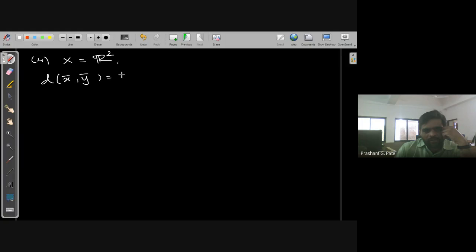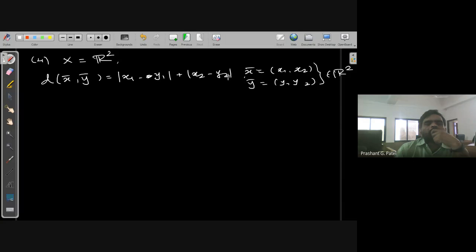I just take the metric as mode of x1 minus y1 plus mode of x2 minus y2, where x bar is x1, x2 and y bar is y1, y2, both belonging to R square. Here we are defining this as a metric. I am taking a center, that is x0 is 0 0, and the radius is 1, for understanding the concept.